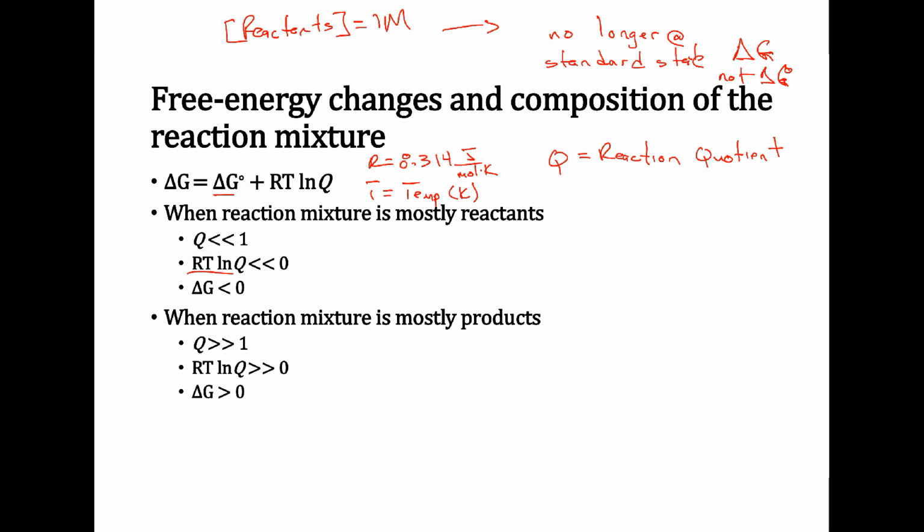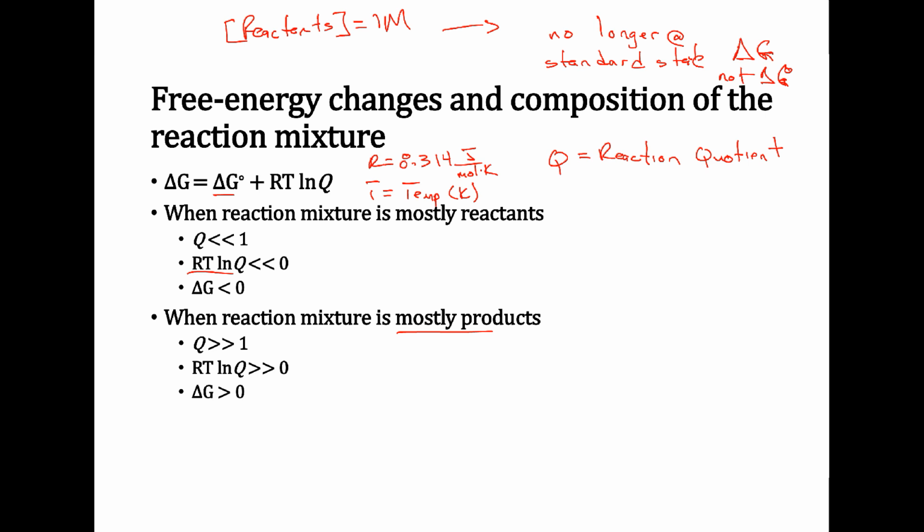The other case we may encounter is when Q is much greater than 1. When Q is much greater than 1, it means you have mostly products, and that means this term, RT ln of Q, is much greater than 0. So then delta G would be greater than 0, and you would proceed towards the reactants.